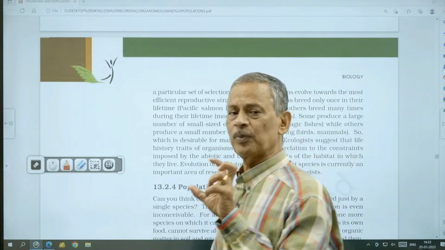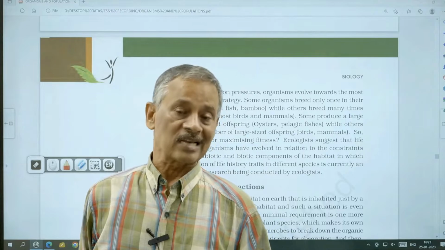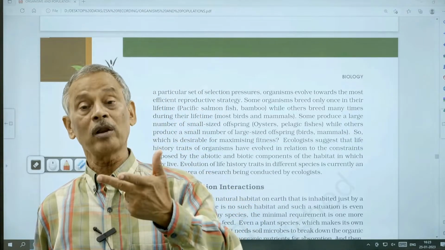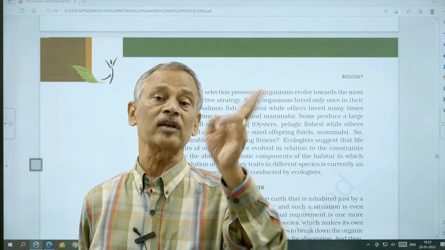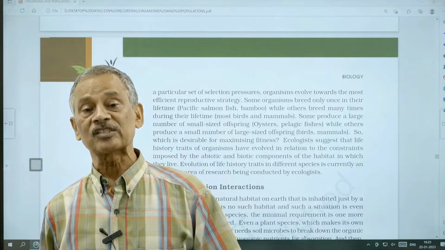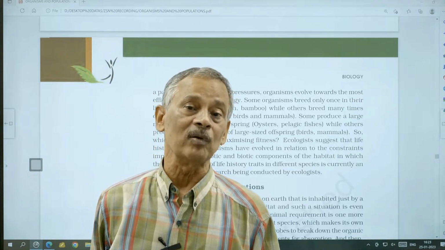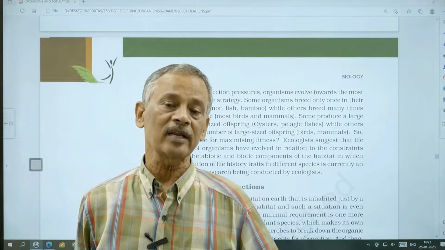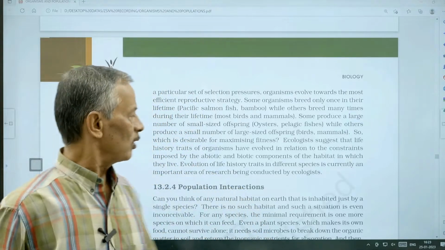In intra-specific, members within the same species are interacting. But more important is the interaction between members of two different species. Such inter-specific interactions are very, very important even in evolution. Even Darwin had understood the importance of interspecific interactions in evolution.